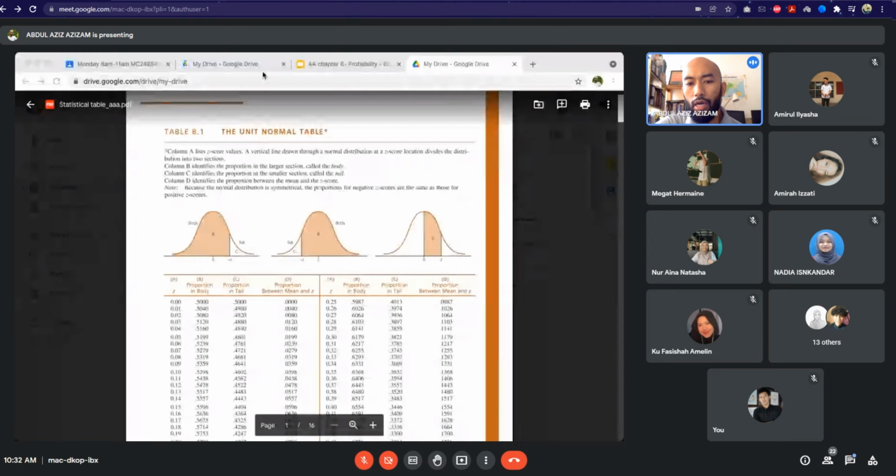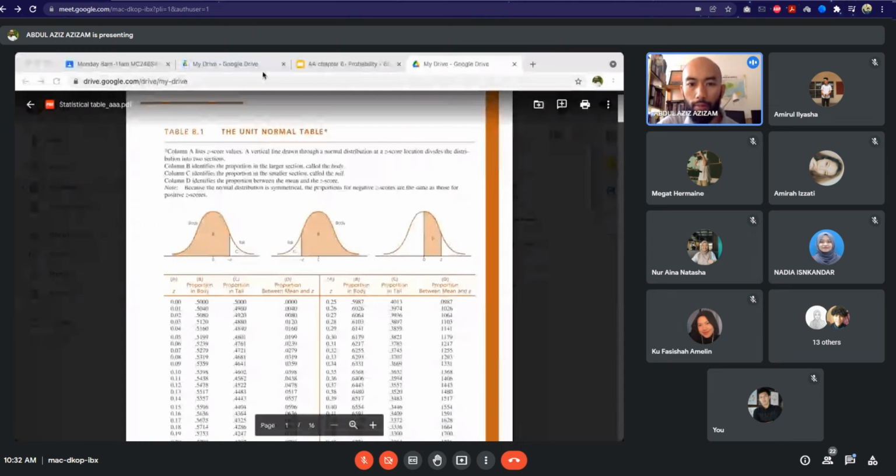Okay, and the proportion dia, kita akan dapat which is in percentage. So dalam situasi dia kita nak tengok yang macam ni. Okay. So untuk kita tahu berapa area ni, berapa persen area ni, berapa proportion area ni, kita dengan mudah boleh dapatkan jawapannya daripada unit normal table.